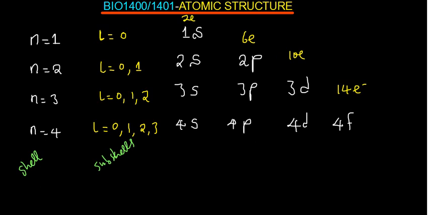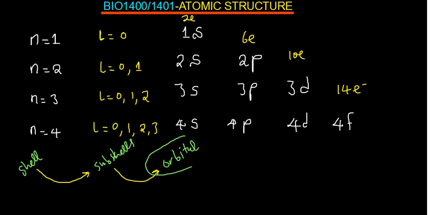Now, how do you know that this orbital is going to have 2 electrons? You use the magnetic quantum number. Remember we said the shell is divided into subshells, and then a subshell is divided into orbitals. The orbitals are the ones which tell you how many electrons are going to be there.